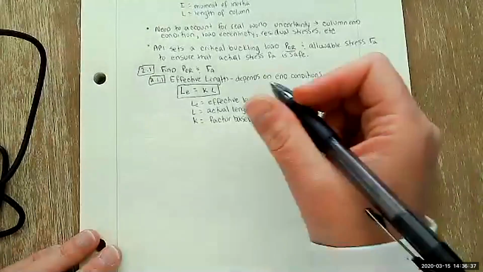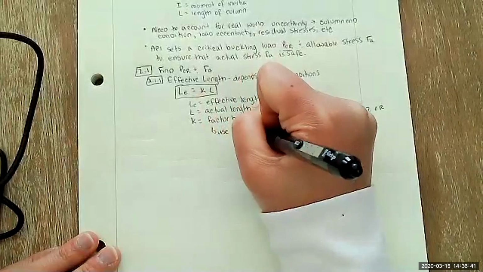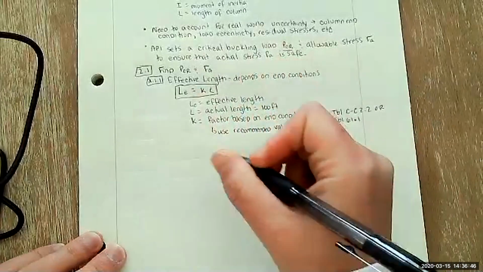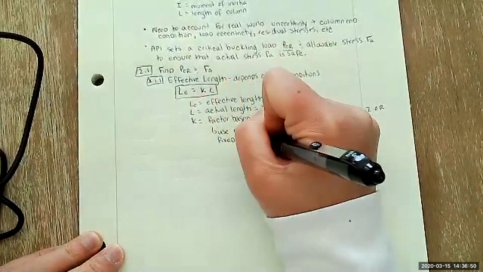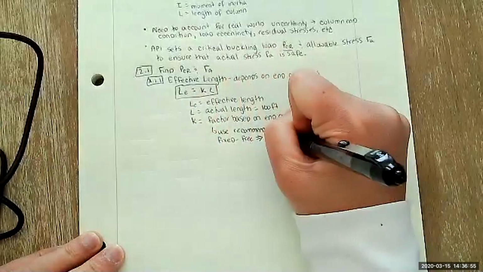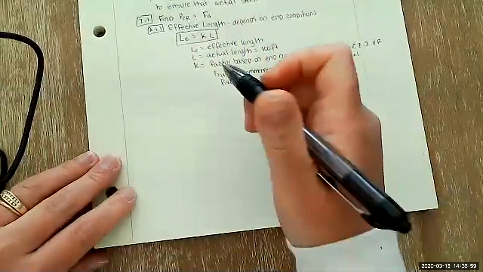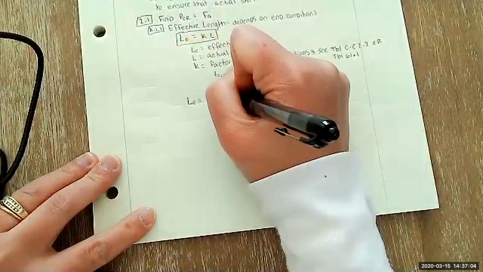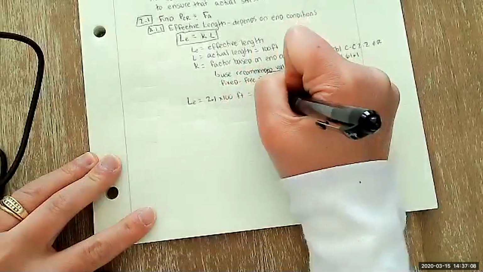So again, just as a note, use the recommended value. Since we have fixed and free ends at our column, our value of K is equal to 2.1. Great, so our effective length is equal to 2.1 times 100 feet, or 210 feet.